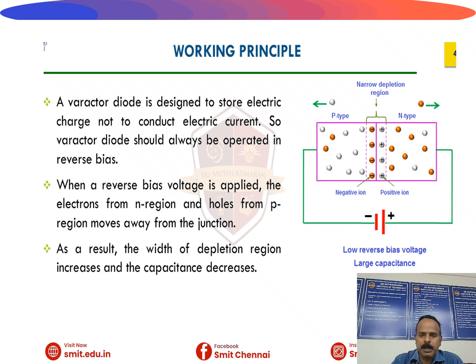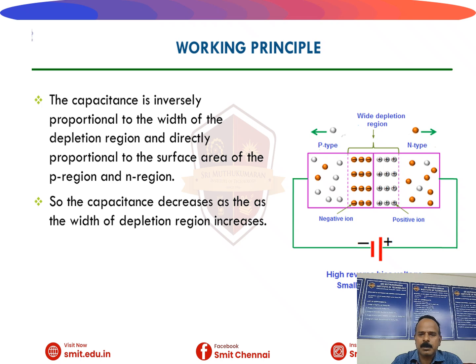When reverse biased, the electrons move from the N region and holes move from the P region, both moving away from the junction. As a result, the depletion region width increases as well as the capacitance decreases, since it is acting as a parallel plate capacitor. The capacitance is inversely proportional to the width of the region.